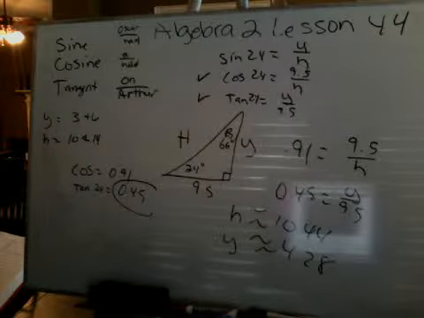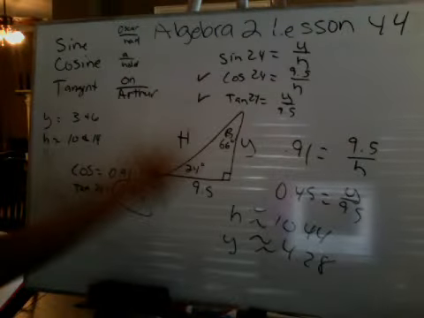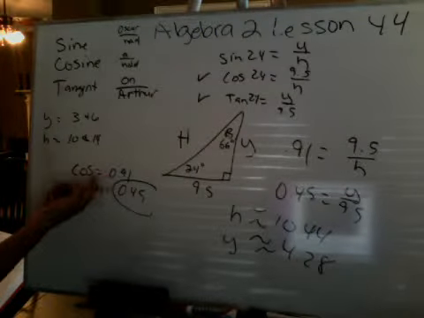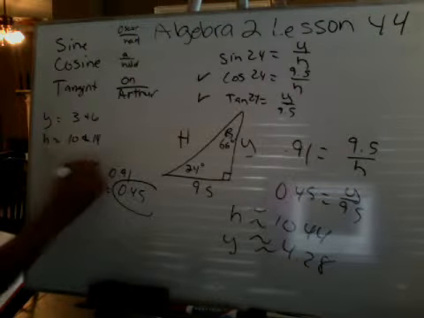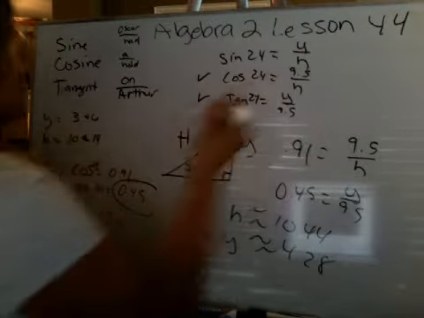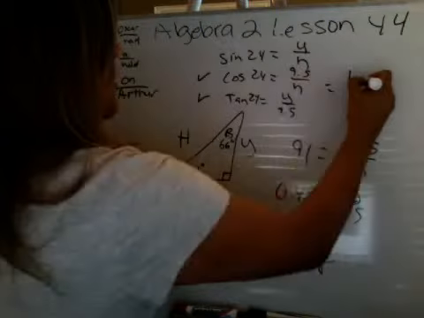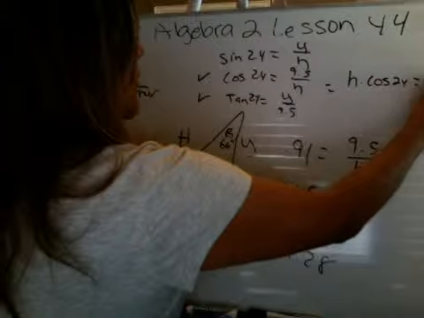But let's look at this a different way. When we did sine of 24, cosine of 24 and tangent of 24, we rounded to 2 decimal places, which changes our answers slightly. So if we're solving for H here, we're saying H times cosine of 24 degrees equals 9.5.